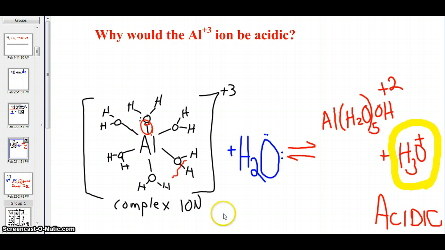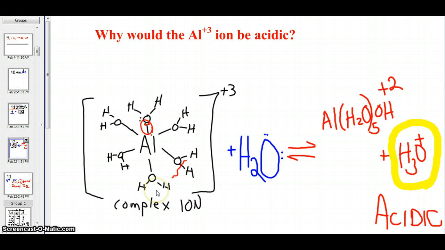Okay. Now, actually, this equation does look like Bronsted-Lowry, as well as falling into the Lewis structure. Electron pair donor to the hydrogen ion, as well as proton donor to the water.